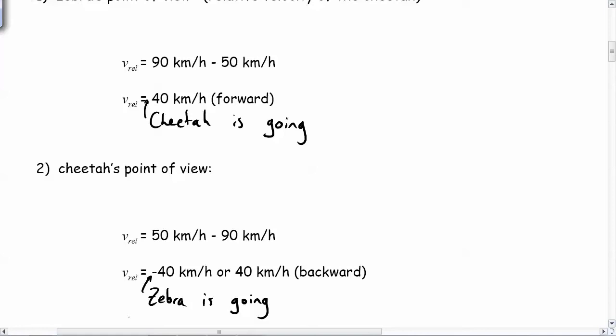So in order to find the relative velocity, you can just subtract the two velocities. And this makes some problem solving a lot easier as well. Does that make sense? We're just comparing the velocities of two objects.